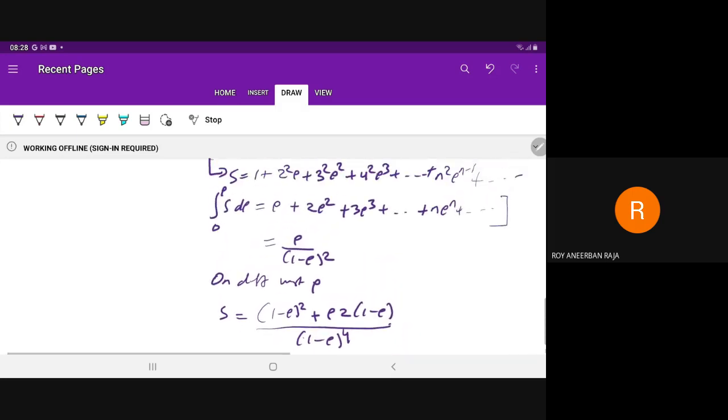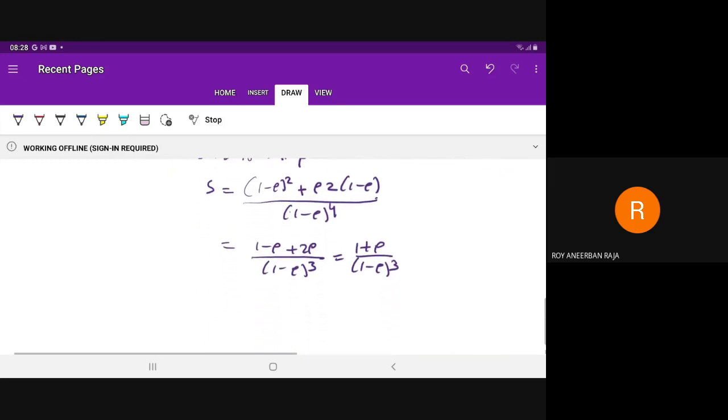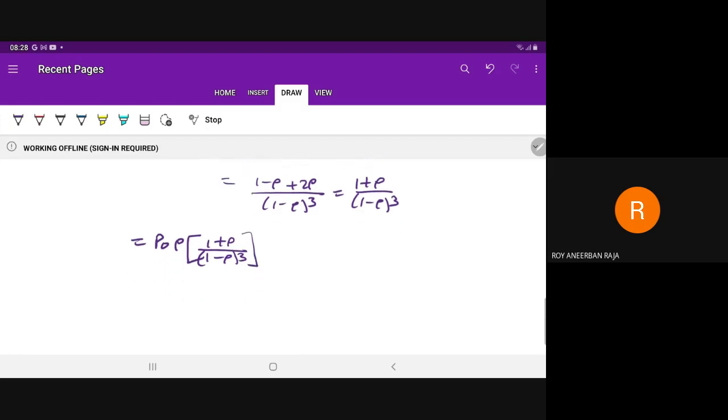that is its sum. So when we put P naught, here we have P naught ρ into (1 plus ρ) upon (1 minus ρ) cube.